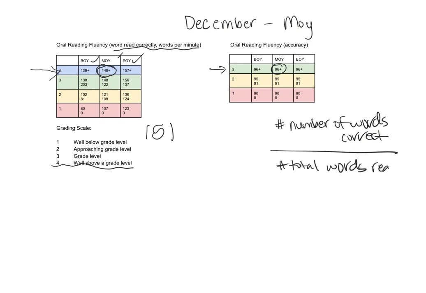And that gave me a percentage, 97%, and I knew that that was in the green band. So the child would have gotten a 4 for fluency and a 3 for accuracy.